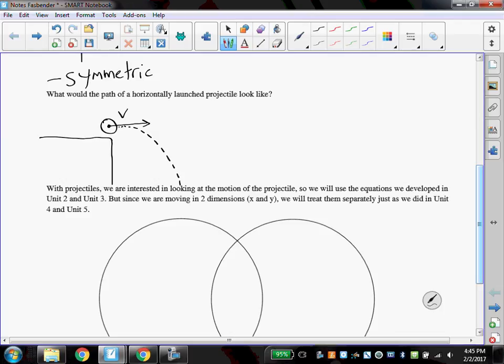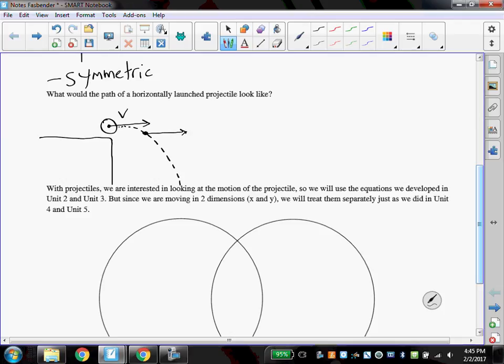Now, after just a little while, so maybe right here, we would expect to see that our horizontal velocity would be exactly the same. And you guys saw this in the lab. So this is the exact same horizontal velocity. But now the force of gravity has been pulling down on us a little bit, and so we start to accelerate down in the y direction, just like how you saw in your lab.